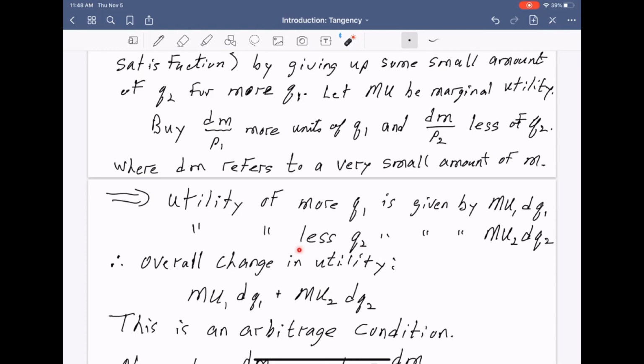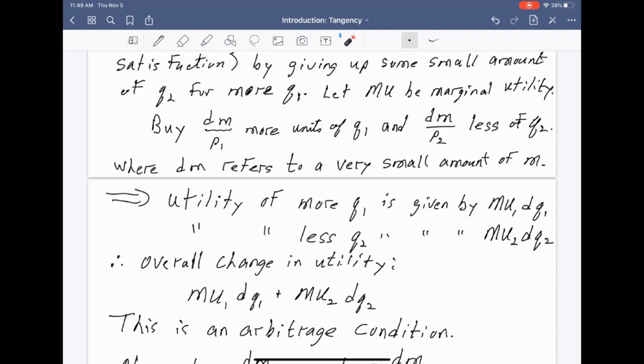And you'd have less Q2, and the utility of less Q2 is given by the marginal utility of 2 multiplied by this dQ2, which is simply equal to dM over P2. So the overall change in utility is given by the marginal utility of 1 times the amount of Q1 that you've purchased plus the marginal utility of 2 times the amount of good 2 that you give up.